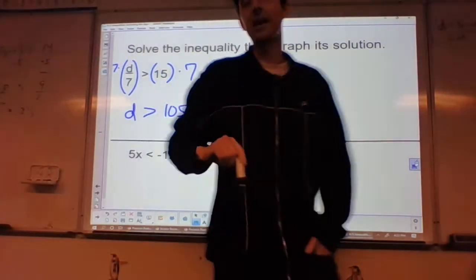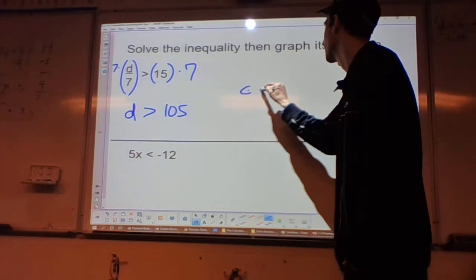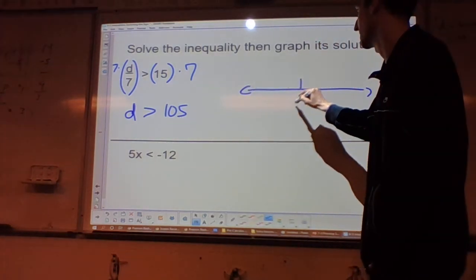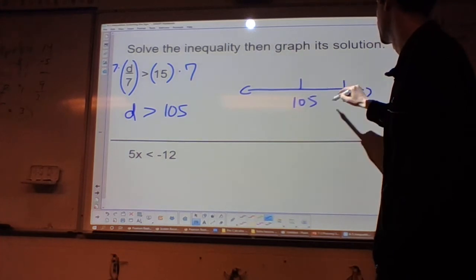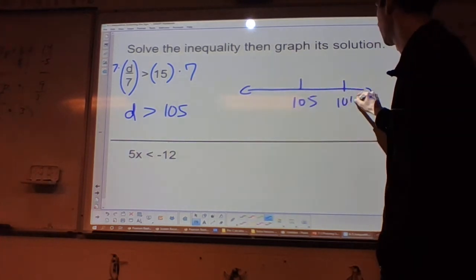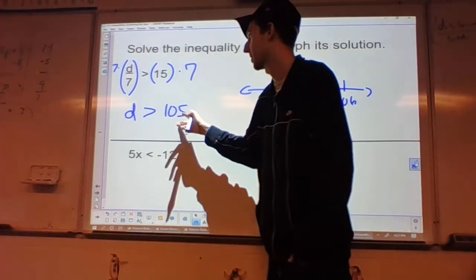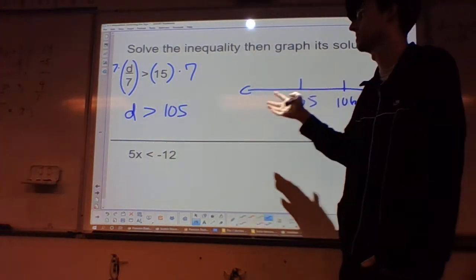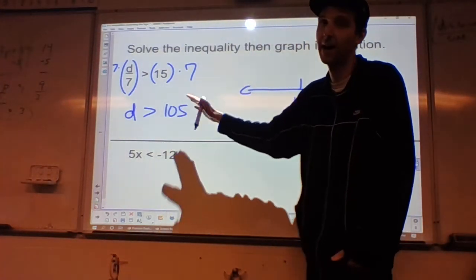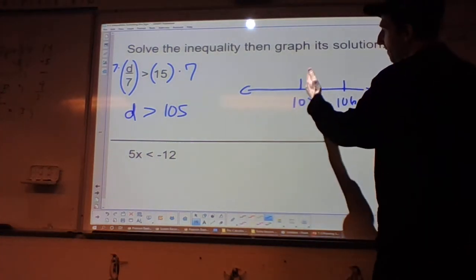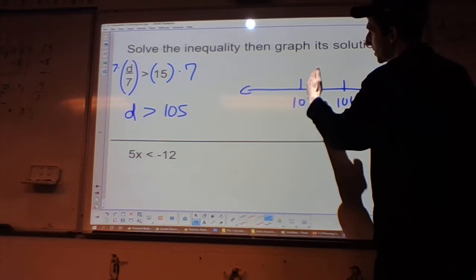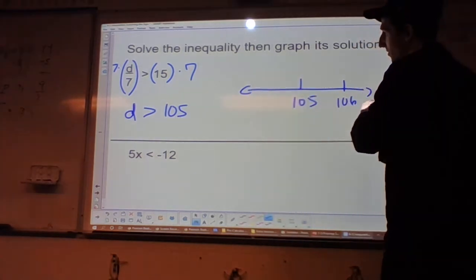Now, let's actually graph what that would look like. So, graph the solutions. If I'm doing a simple graph, I just put the number of the solution for our inequality. Now, 105 is not one of the solutions. 105 actually is not a solution to the inequality. 105 is like the border between solution land and non-solution land.